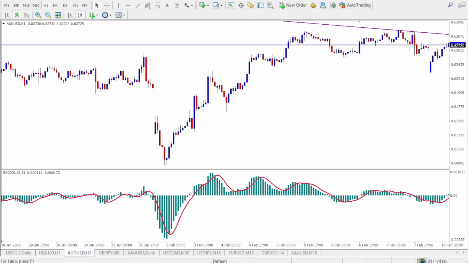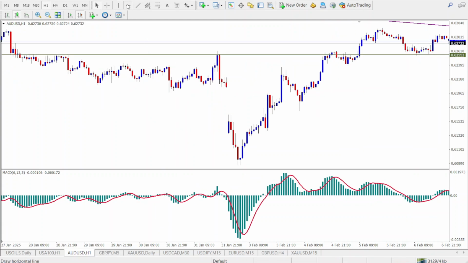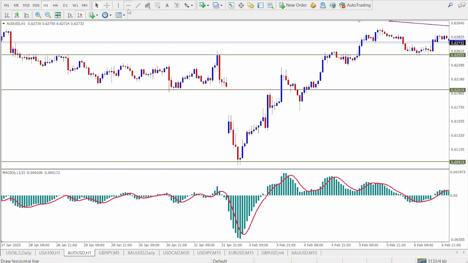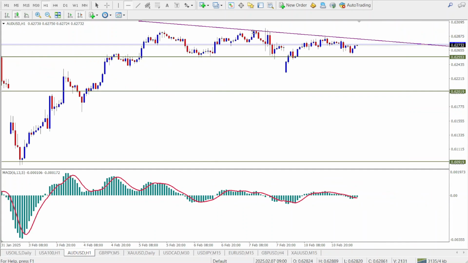Then the final step is to combine with other indicators. MACD works best when paired with support and resistance levels. These levels are crucial. They are very important levels on your chart, so do not neglect them. These levels can give you a heads up as to potential reversal points.